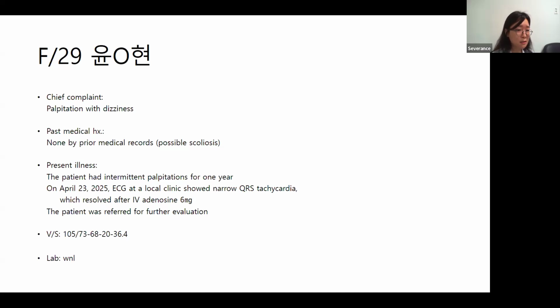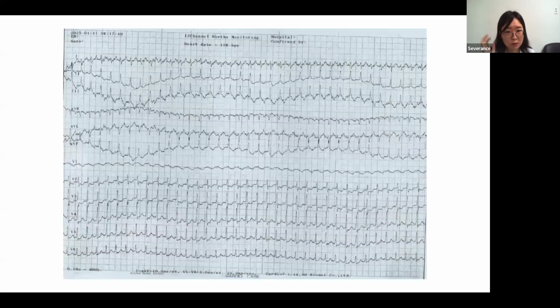On April 23rd this year, a local clinic showed narrow QRS tachycardia, which resolved after IV administration of adenosine 6 milligrams. After that, the patient was referred to our hospital for further evaluation. The vital signs were this, and this was the narrow QRS tachycardia at the local ECG.